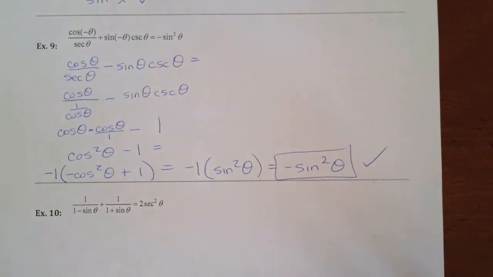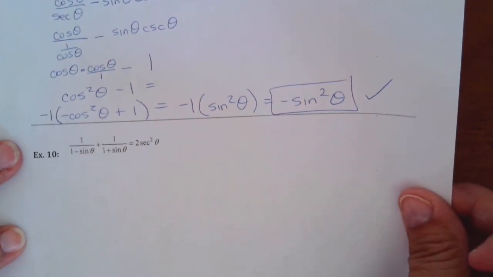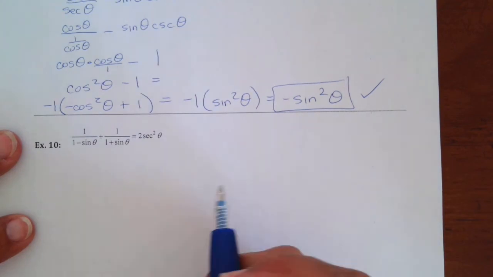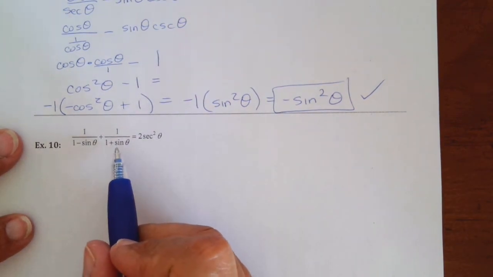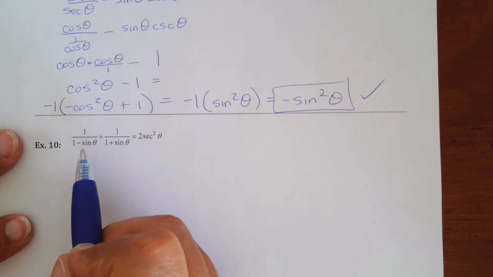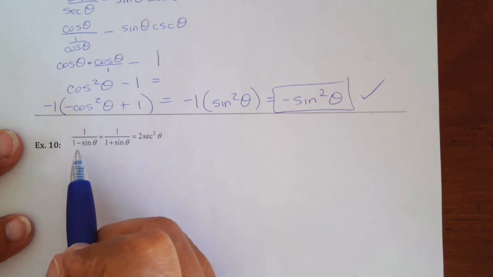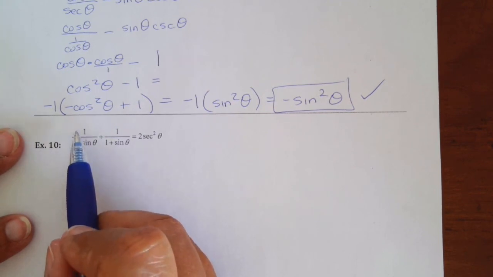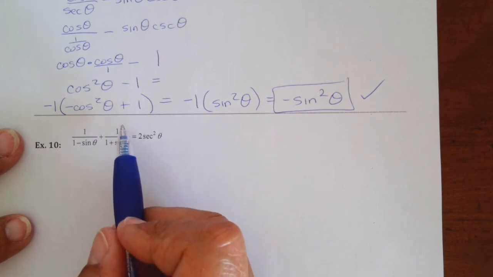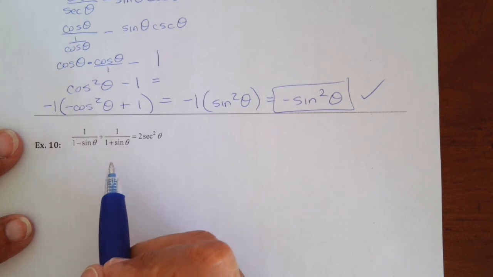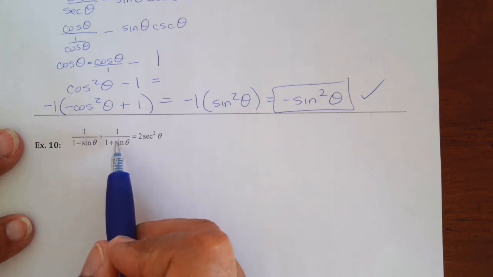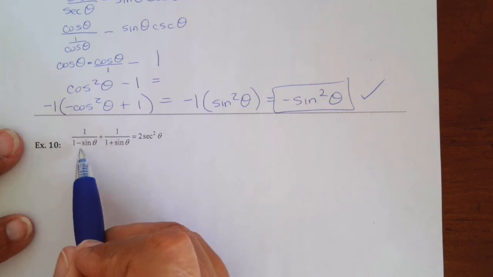All right, last problem. This is another common denominator. So left side's obviously the worst. I need to get a common denominator, so I'm going to multiply top and bottom of this by 1 plus sine theta, and then I'm going to multiply this one by 1 minus sine theta. Or remember the rule, you can do this times this times this, over this times this.